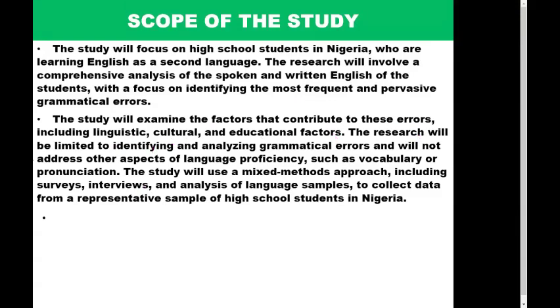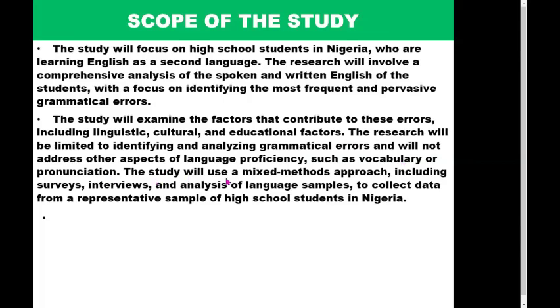The research will be limited. You can see there are limitations again here. The research will be limited to identifying and analyzing grammatical errors and will not address other aspects of language proficiency, such as vocabulary or pronunciation.